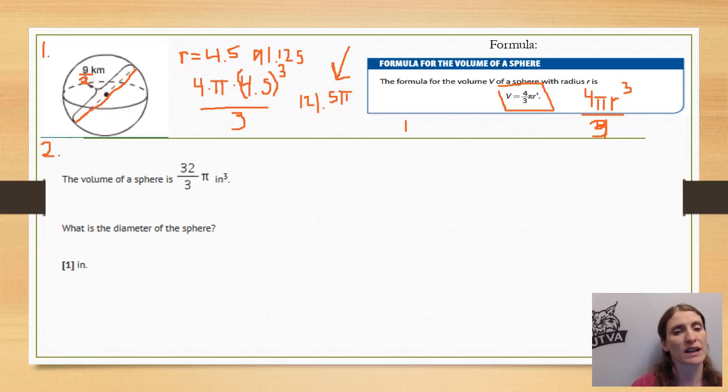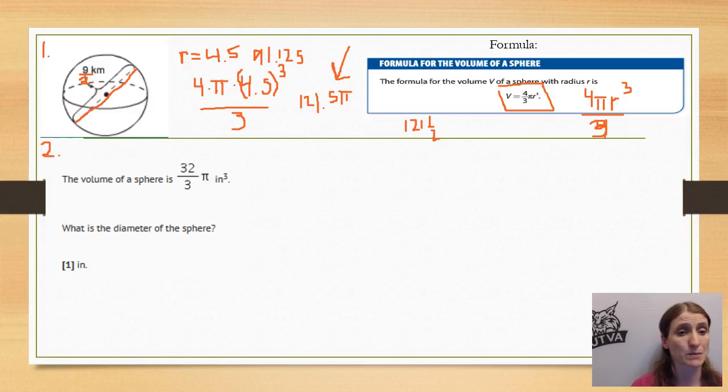Or you can look at it like this, 121 and a half, because 0.5 is a half, and then convert it to a mixed number. Or you can leave it as 4/3 times the 4.5 cubed. Anyways, I don't think they're going to ask you to do that, but just use the knowledge you have of decimals and fractions to get there if you need to.